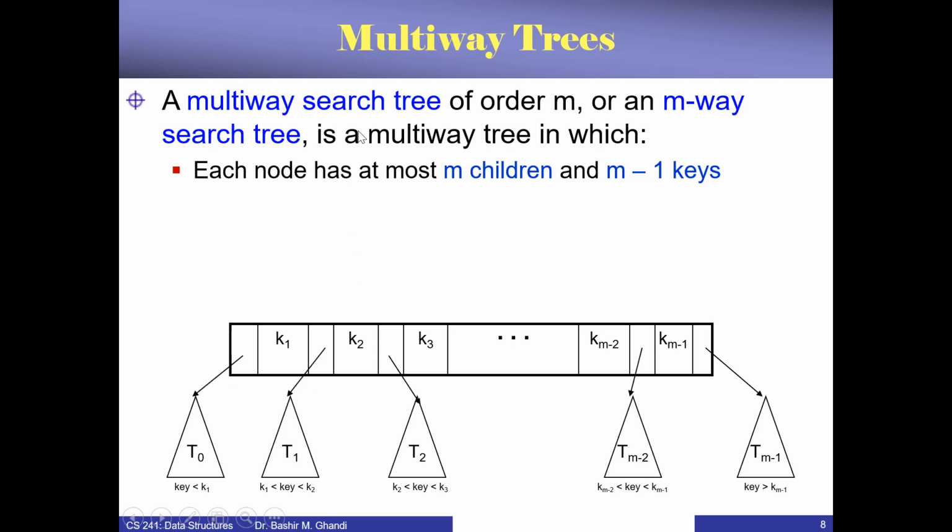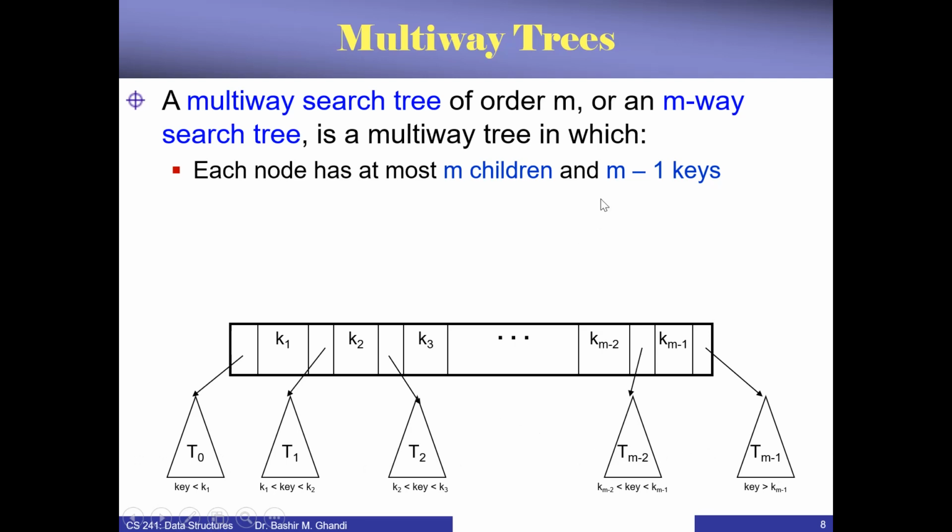However, here in multiway tree, we extend the number to M. So these subtrees 1, 2, 3, and so on, there will be M of them. Okay, from 0 to M-1 means M. So each node has at most M subtrees, not 2 subtrees like binary, but M of them.